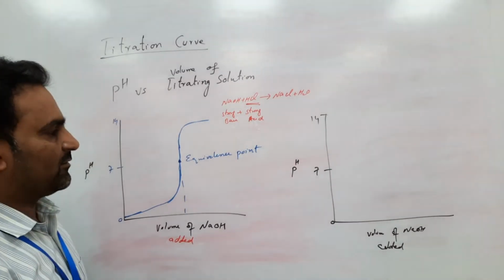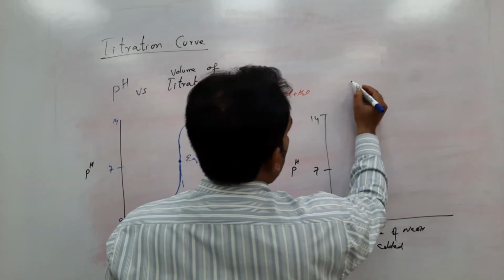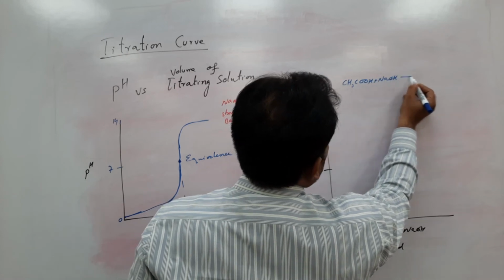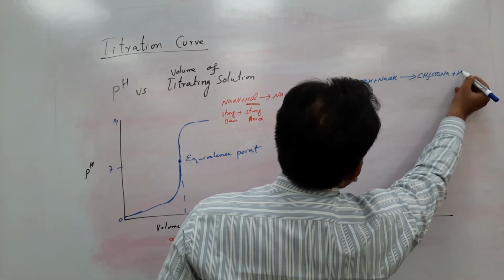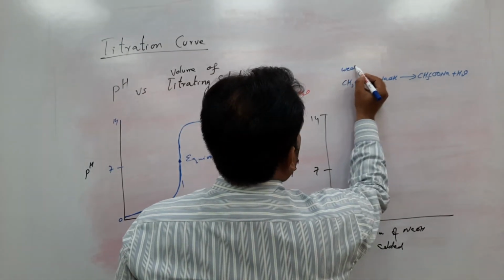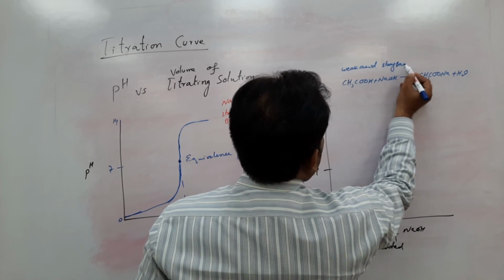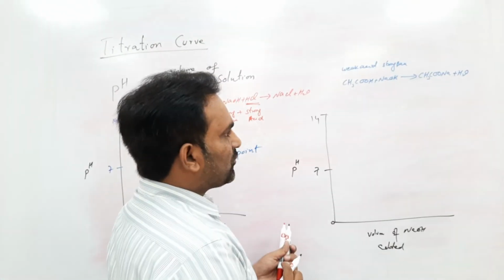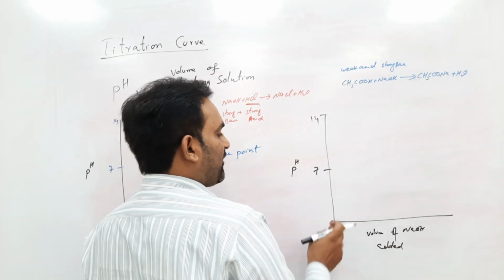If you have a weak acid, for such a reaction, here you have a weak acid and a strong base. Now you have a weak acid in the flask. Weak acids are those acids that usually have a pH between 0 and 7, or near 7.